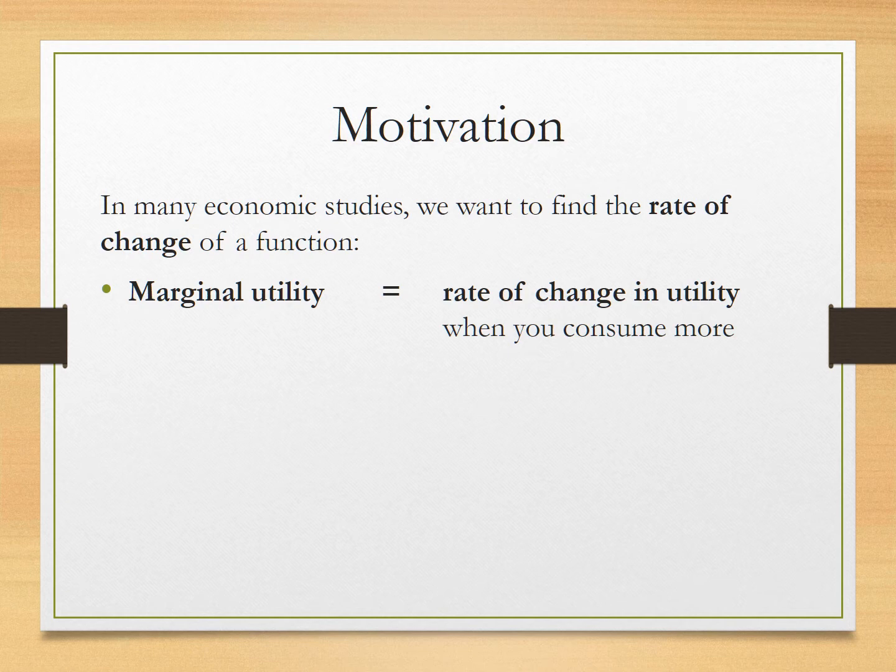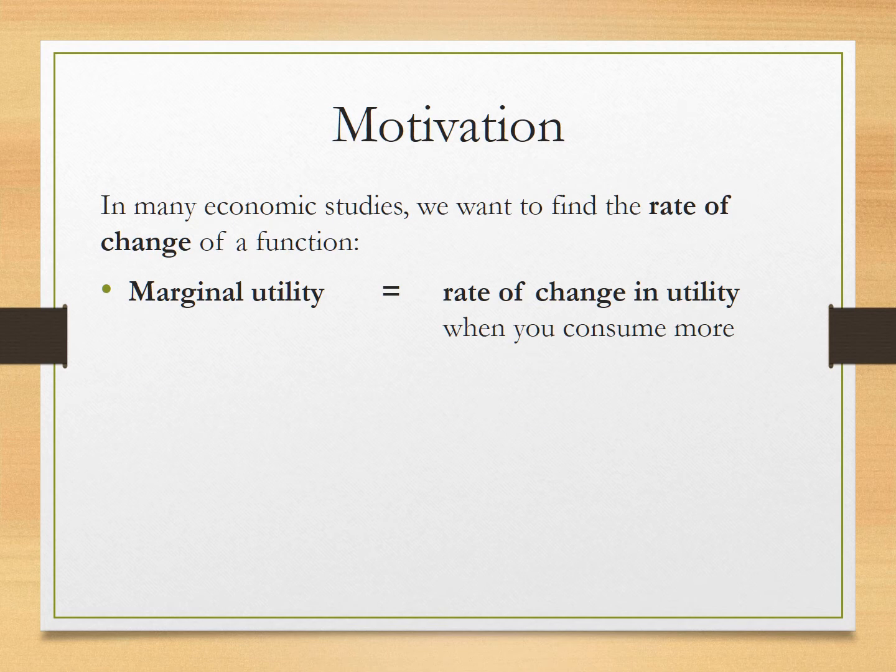You have one iPhone makes you happy, two iPhone makes you happier. So more things usually make you happier. And in economics, you represent that by a higher utility value. What we want to know very often is how fast is your utility going up? Is it going up? Is it going down? How fast is it going up? So that's the rate of change in utility, and that's called marginal utility.